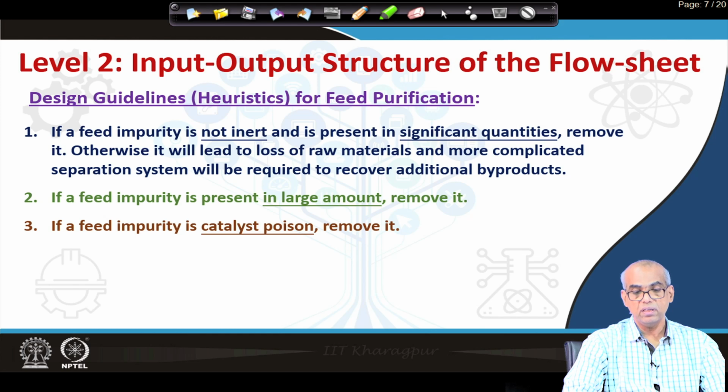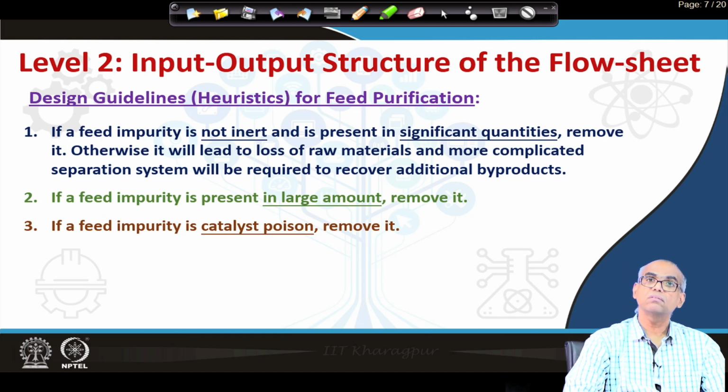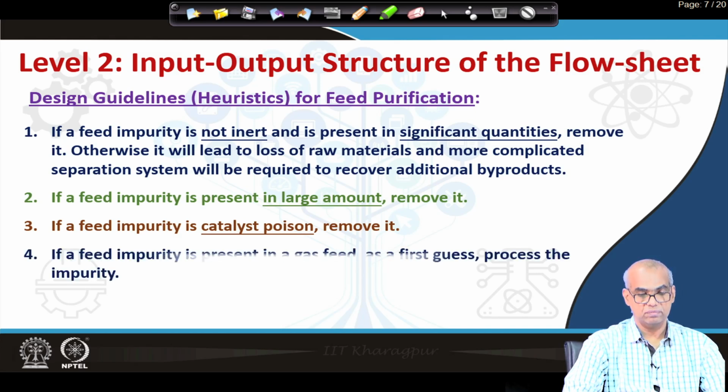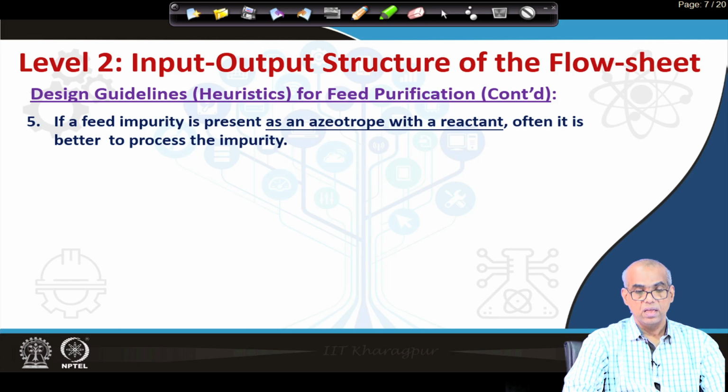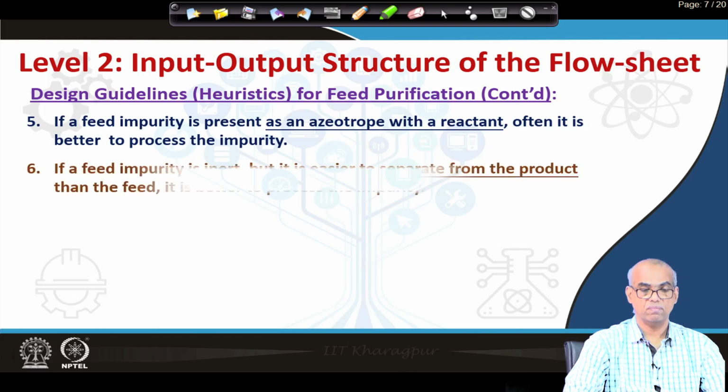If a feed impurity is a catalyst poison, obviously remove it. Otherwise, it will hamper the reactor operation. If a feed impurity is present in a gas feed, as a first case, process the impurity. If a feed impurity is present as an azeotrope with a reactant, often it is better to process the impurity.